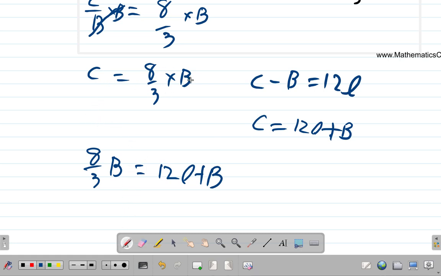You weren't able to solve this because you had two unknowns, B and C. You have the same problem here, two unknowns. But here now, you have only one unknown, which is B.